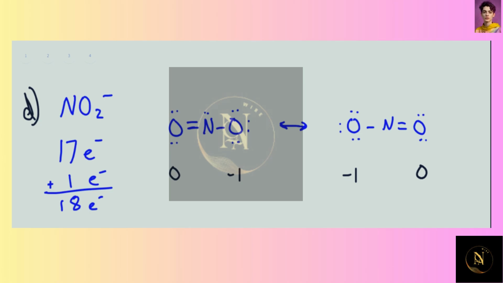And then the nitrogen will be 5 minus 3 plus 2, so 0 as well. So each of these molecules here has a charge of -1, which is what we want because the ion at the beginning has only one negative charge.